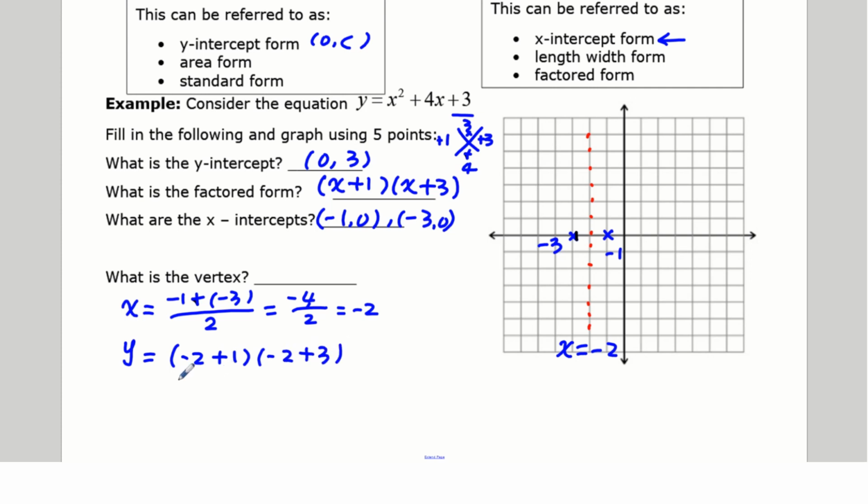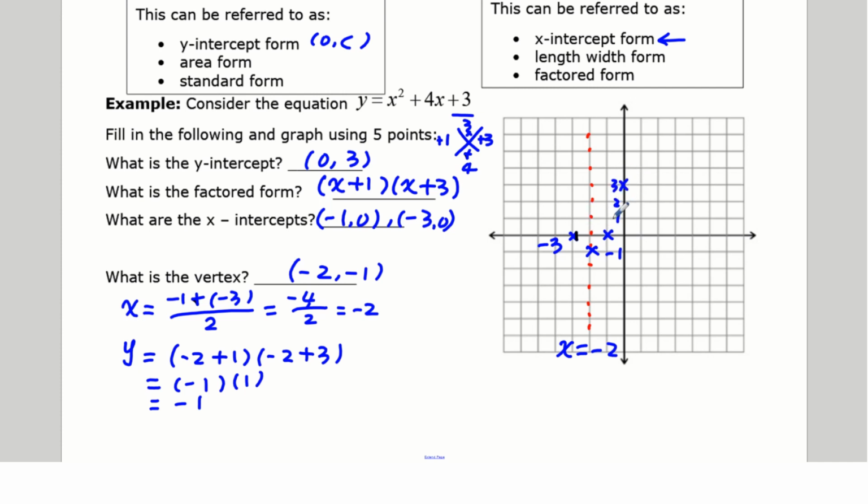Then you have negative 1 times positive 1, which is negative 1. So the vertex is negative 2, negative 1. So we are going to draw the vertex, negative 2, negative 1 here. The y-intercept is 1, 2, 3, it is 3.